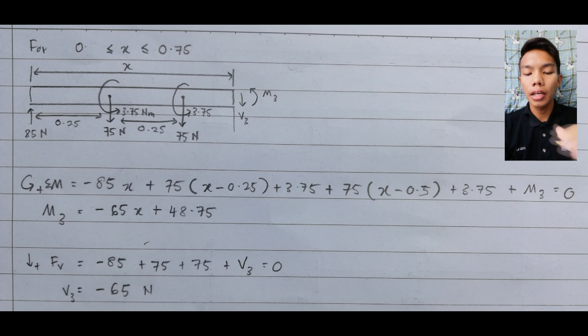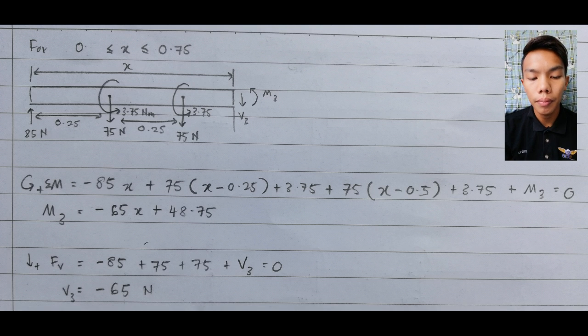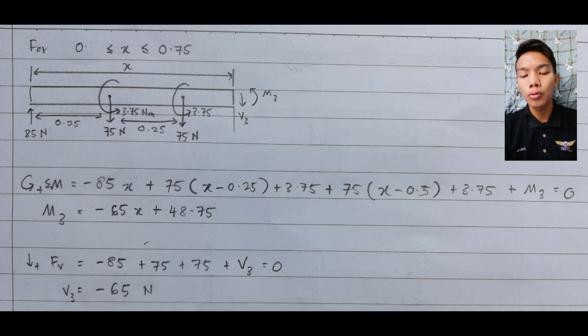The x minus 0.25 and x minus 0.5 are the positions of C and D relative to M3. After calculation, M3 is equal to negative 65x plus 48.75. Then for shear force, we get negative 85 plus 75 plus 75 plus V3 equal to 0. V3 is equal to negative 65 Newton.